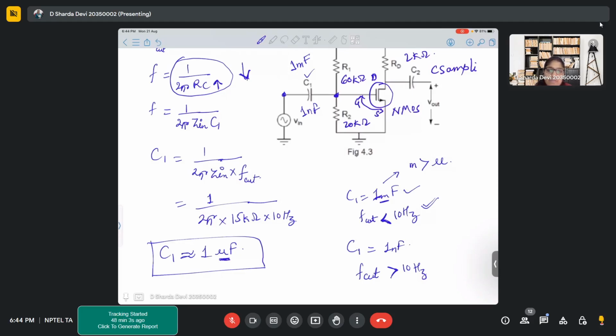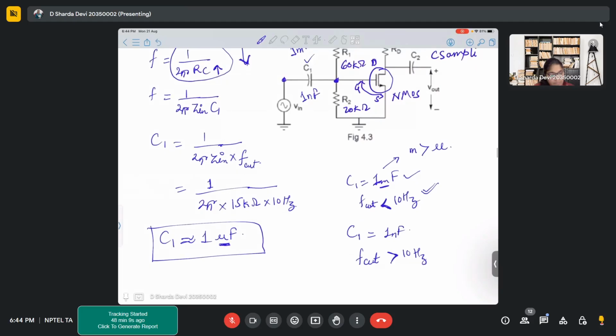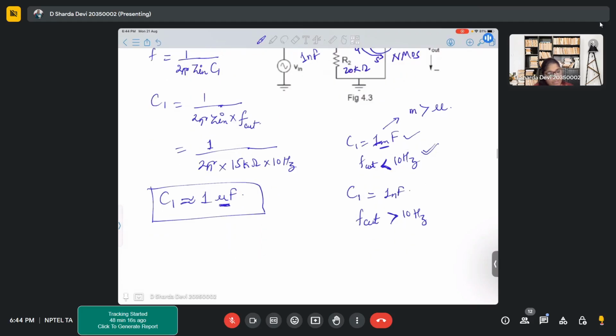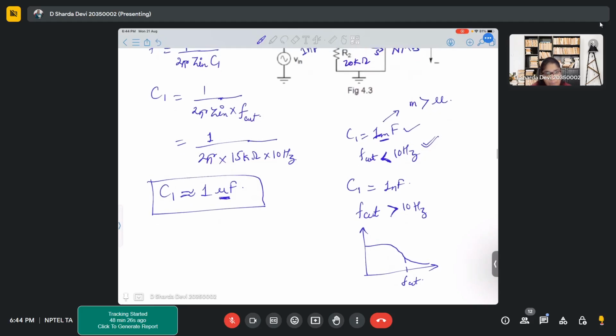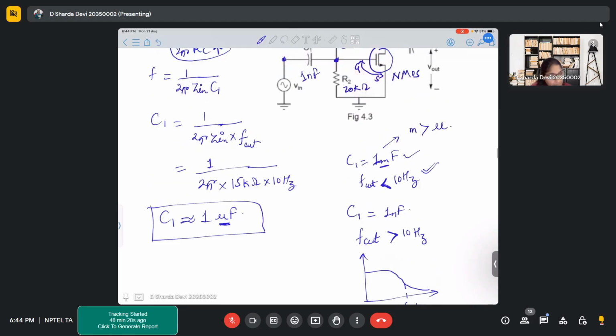Yes, if the cutoff frequency is greater than 10 and your input is lower than this cutoff frequency, nothing will happen. So you are talking from a low pass filter perspective, like this.